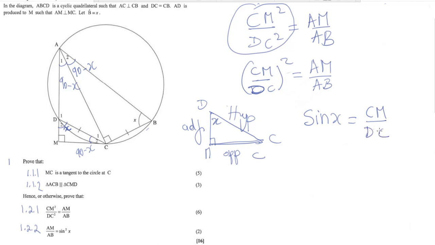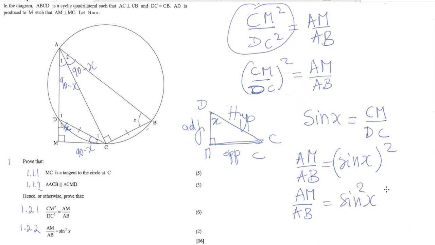Now, if you take this one instead, remember, CM over DC will replace, we will have AM over AB equal to CM over DC, which is equal to sine X, all squared. So AM over AB is equal to sine squared X. So we end there today. Thank you.